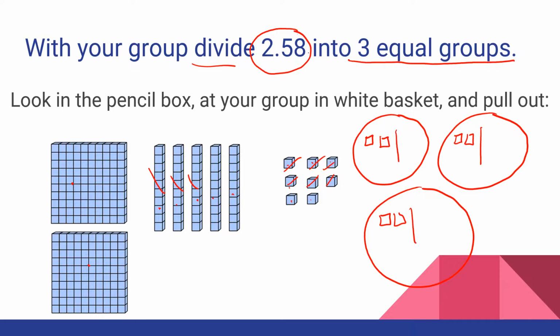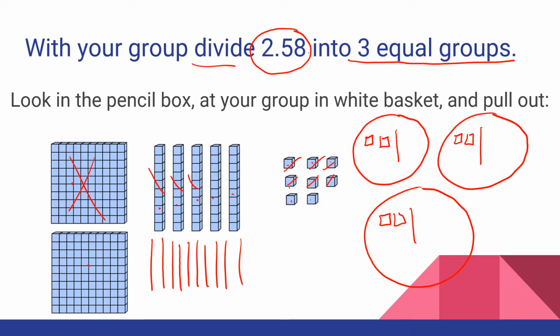I can't divide these tens, or these wholes, into 3 equal groups, but I can break them into tens. So 1, 2, 3, 4, 5, 6, 7, 8, 9, 10. That one's gone. Now I've got 10 plus 2 gives me 12. Well, what I know about 12, I can take 12 and divide 12 by 3, and that gives me 4.